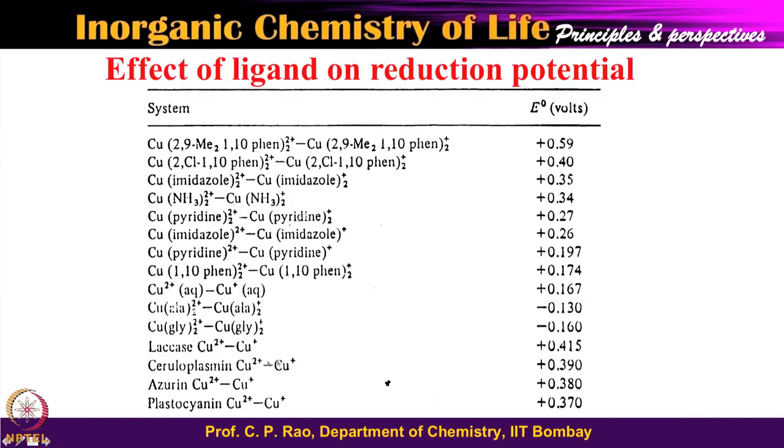Now, you look at the proteins: laccase plus 0.4, ceruloplasmin plus 0.39. These are all roughly very similar. What it means is that in these proteins, a lot of nitrogen or imidazole binding is involved. Therefore, their redox potentials are very similar to those of these particular derivatives.